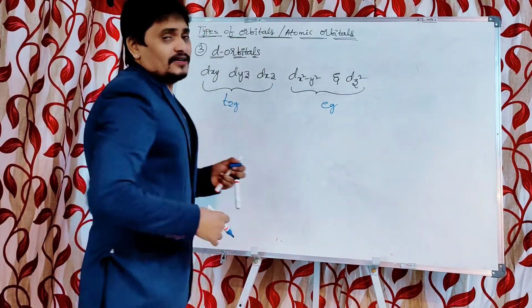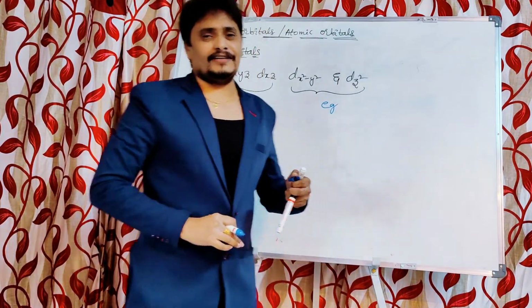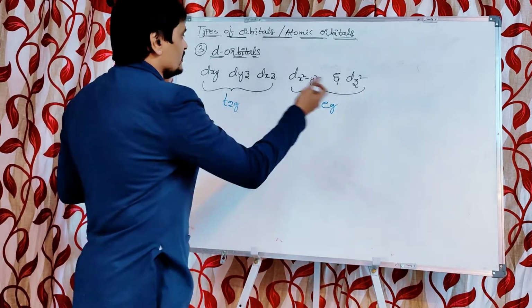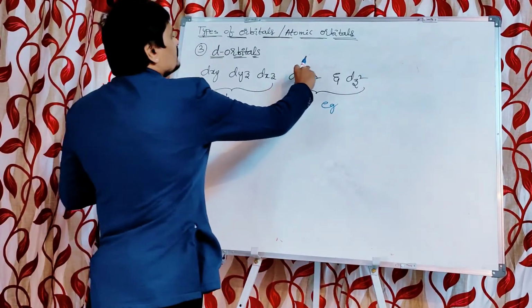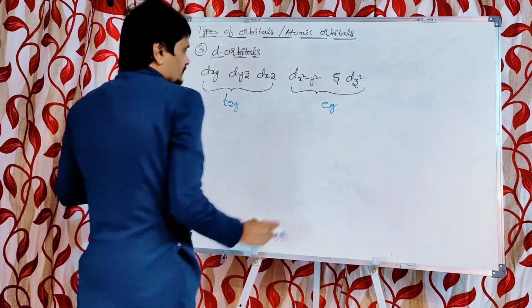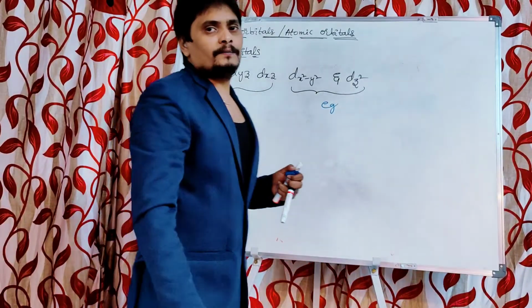And EG stands for doubly degenerate. So these are dx square minus y square and dz square, right?